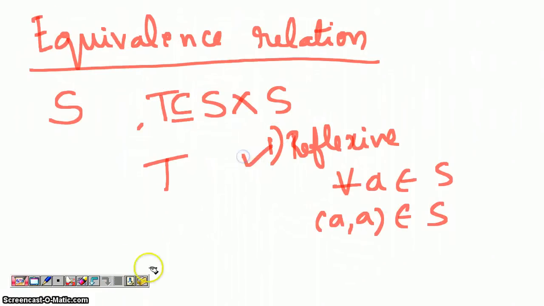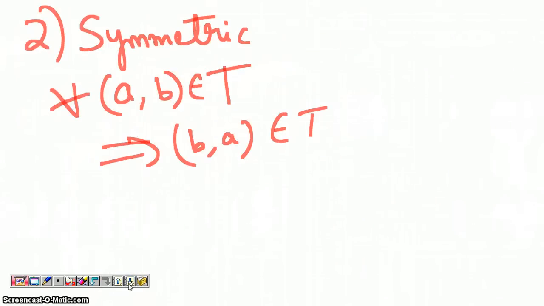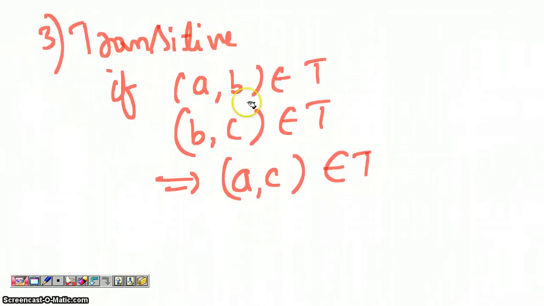One is reflexive, which means for every A, A comma A belongs to T. I'm sorry, I made a mistake here. It's not S, but it's T. Alright, that's reflexive. Symmetric is when A comma B belongs to T, B comma A also belongs to T. And the third one is transitive, when AB belongs to T and BC belongs to T, then AC belongs to T. Alright, with this let's go to the question.